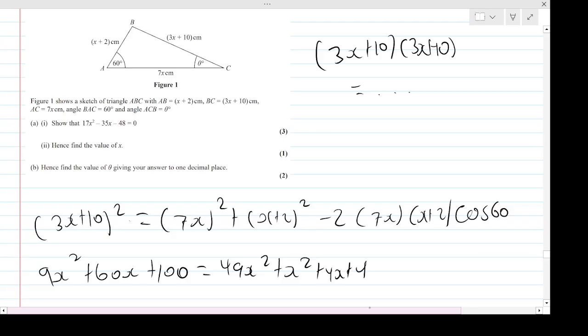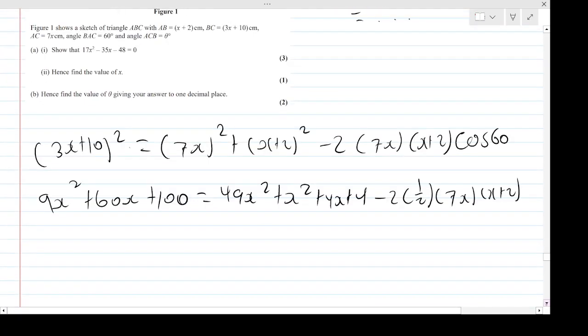Then we've got this bit here. Well, firstly, cosine of 60 is a half. So it's going to be minus 2 times a half of 7x times x plus 2. Okay. Then if I collect like terms, firstly we have 9x squared add 60x add 100.